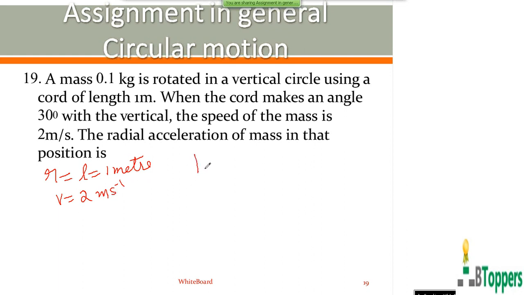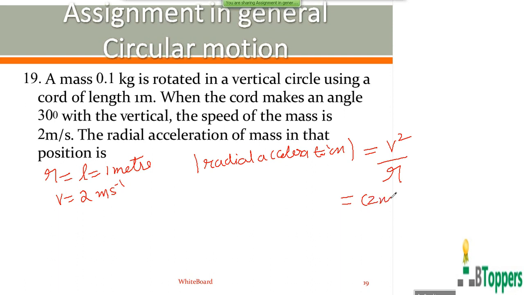So magnitude of radial acceleration means same as the magnitude of centripetal acceleration, which we also sometimes say is magnitude of normal acceleration, equal to v square by r. Here v equal to 2 meter per second.